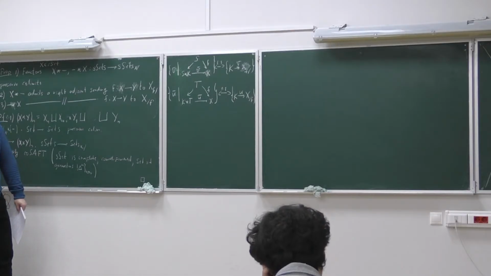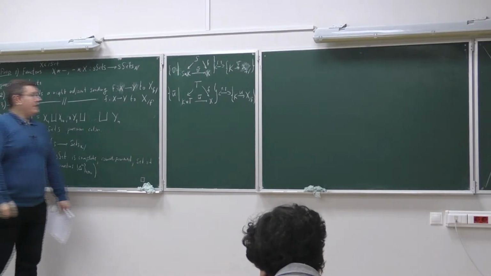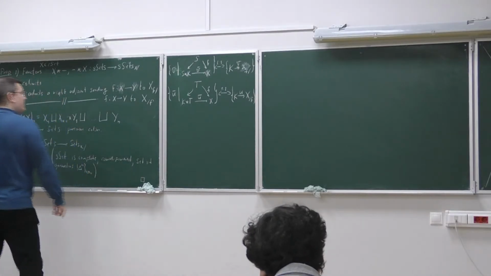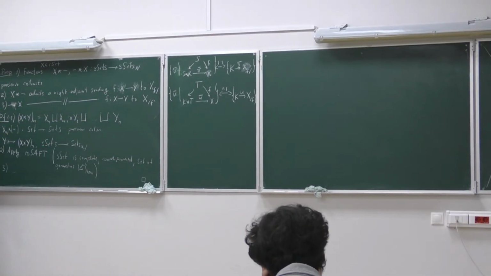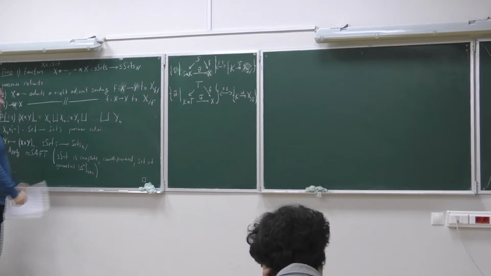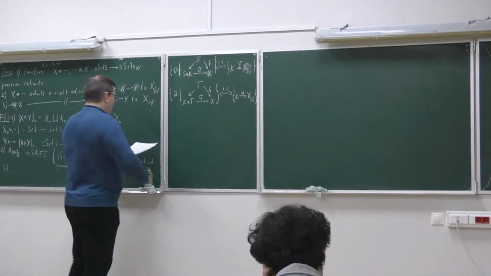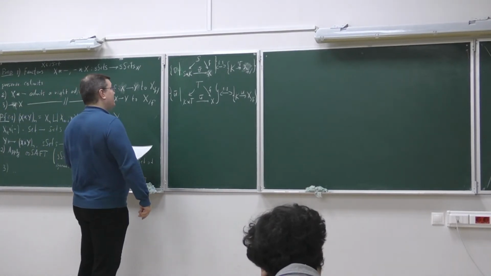Does it make sense from the point of view of adjunction of two functors? I think it works. But anyway, this is not something new. This is something that is hidden in the definition of a right adjoint functor. So then there is a terminology.